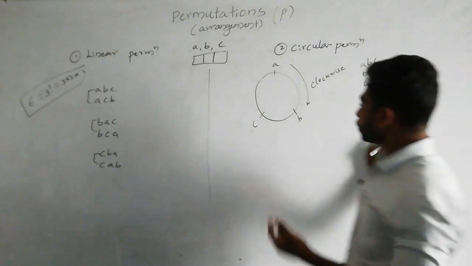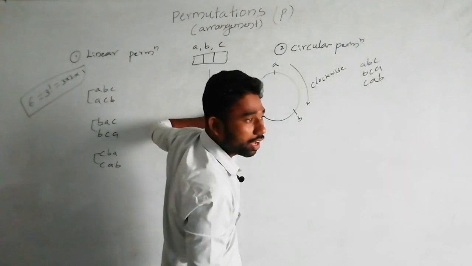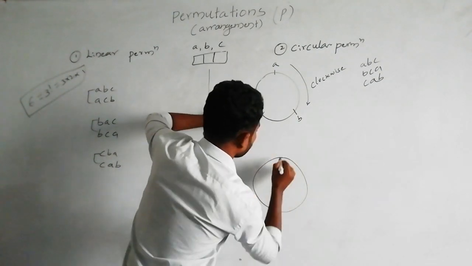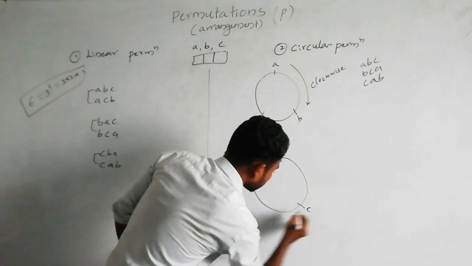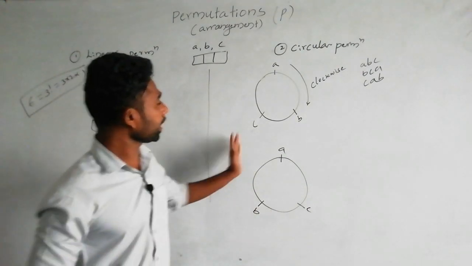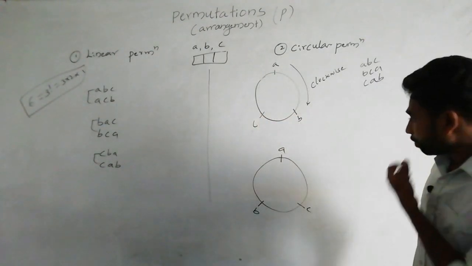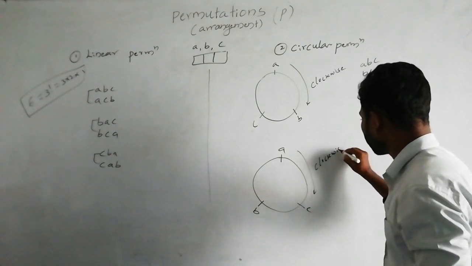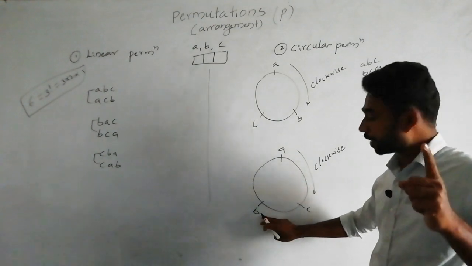Next, here C is on the left side and B is on the right side. I want to reverse this, keeping A in the same top position. Now C is on the right side and B is on the left side, so C and B are swapped. Check it out in the clockwise direction: A, C, B, one permutation.